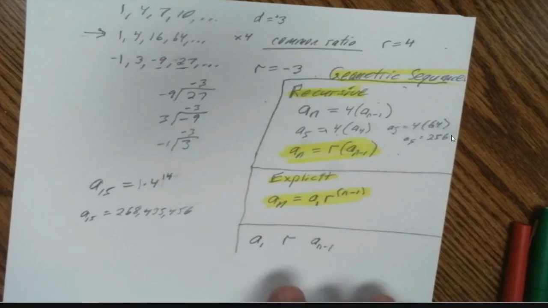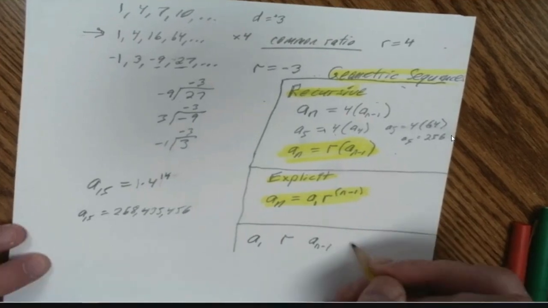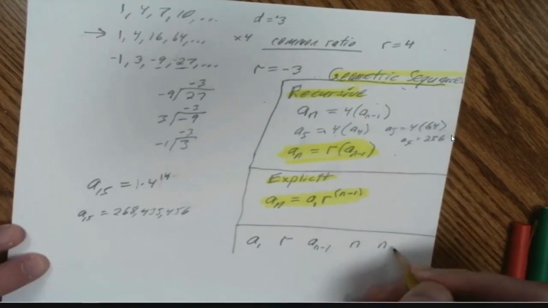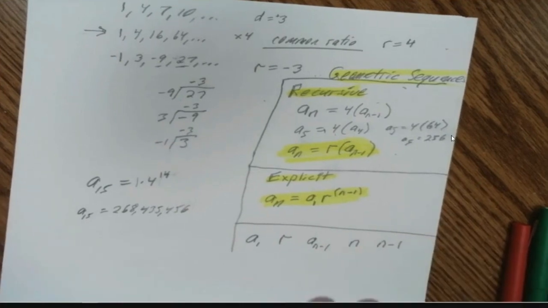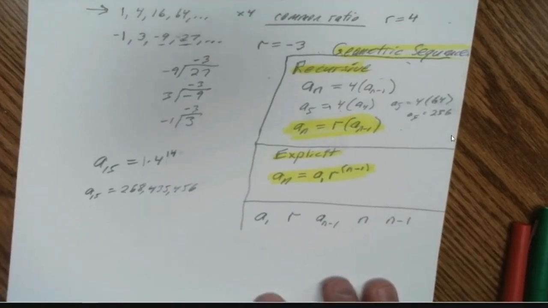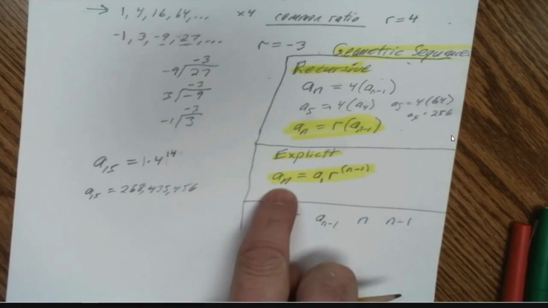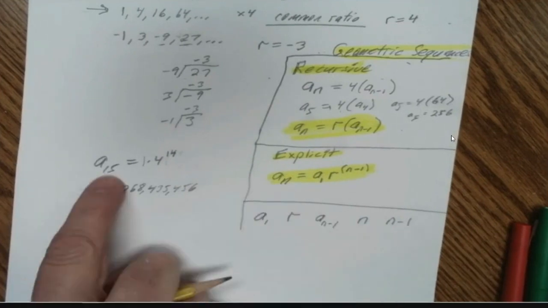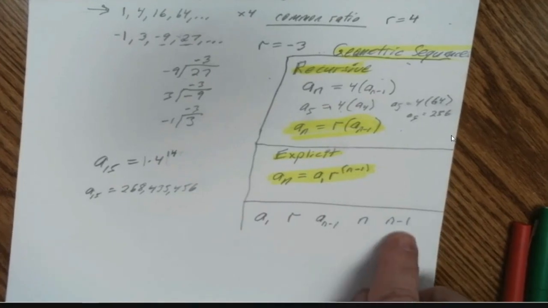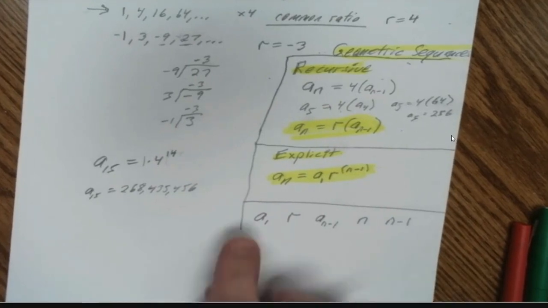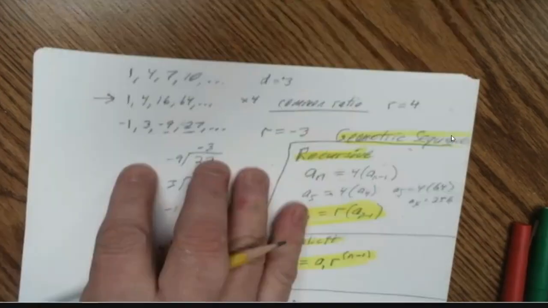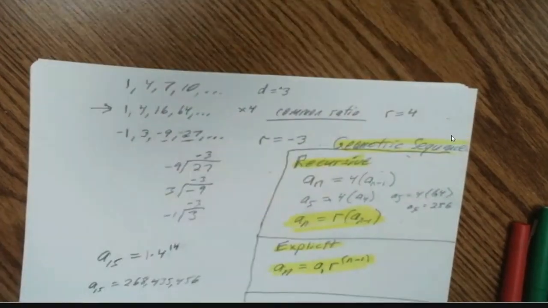So these are the main numbers you need to know. What is n? What is n minus 1? Of course, n is just whichever term you're looking for. If I'm looking for the 15th term in this sequence, we can take n minus 1 once we know n. A sub 1 is always the first term. They don't always start with 1 or negative 1.